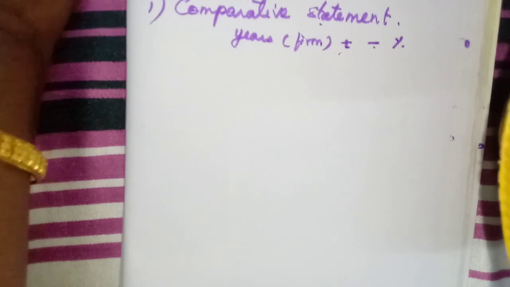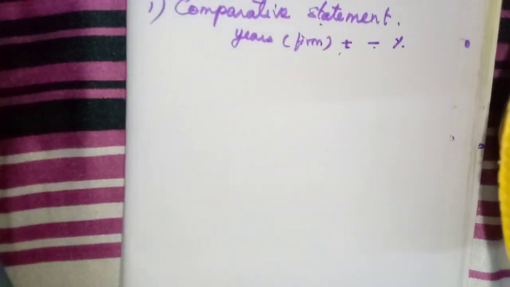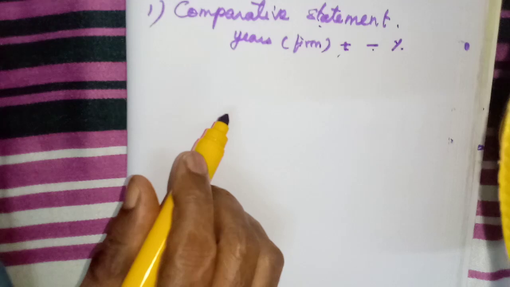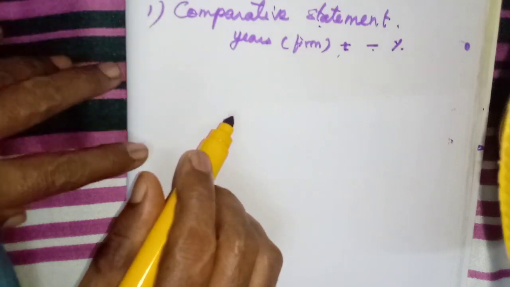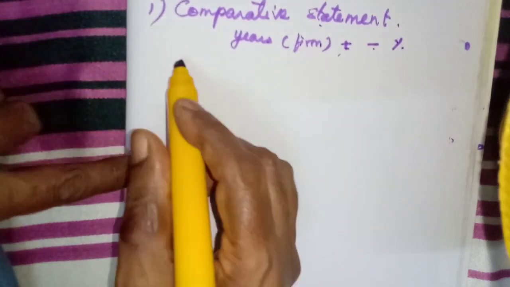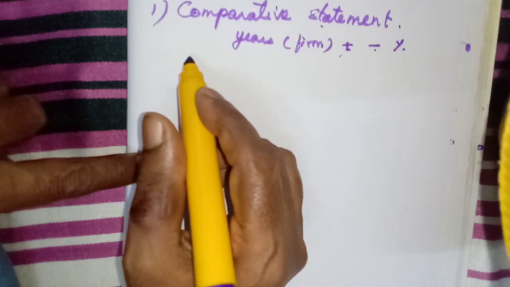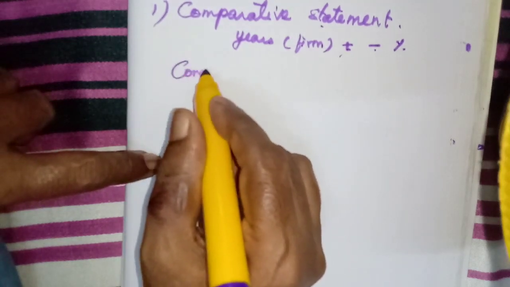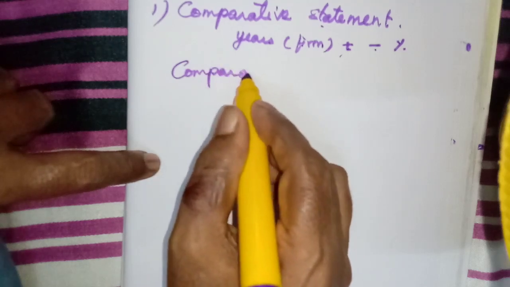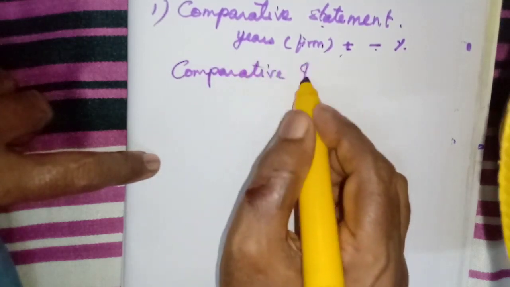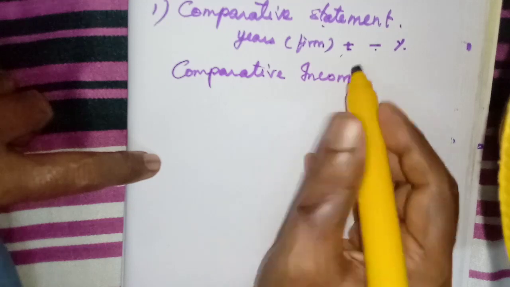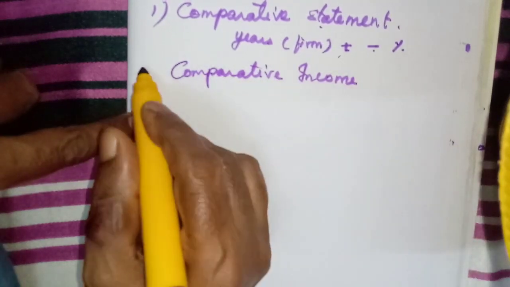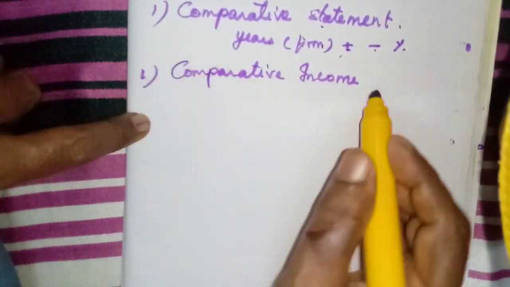We will do that problem in the notebook. Here 5 columns will be there. Comparative income statement of Arul Limited. I will write fully for the first problem alone. Exercise number 1.